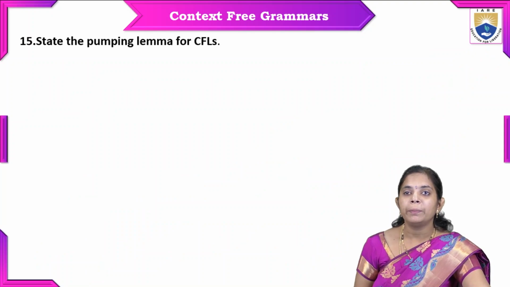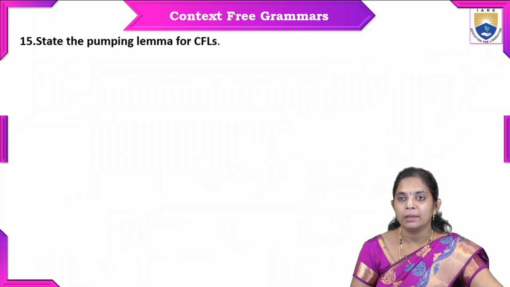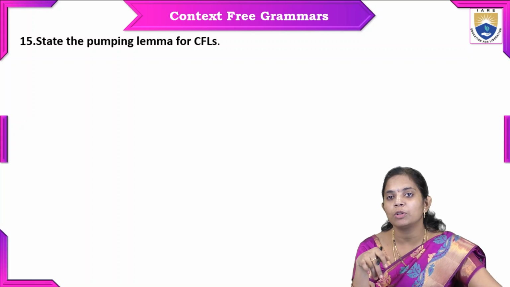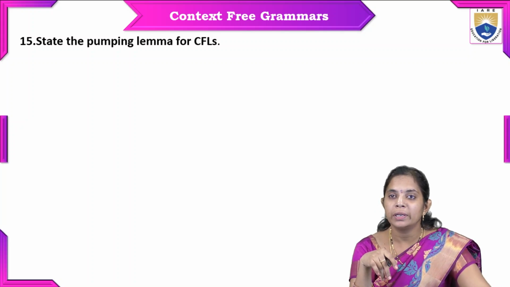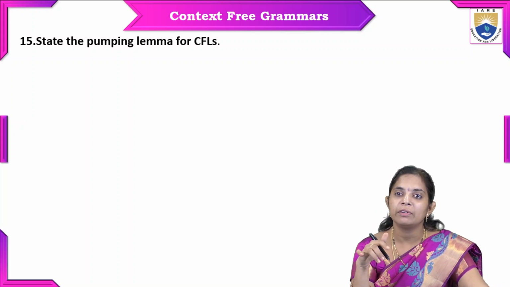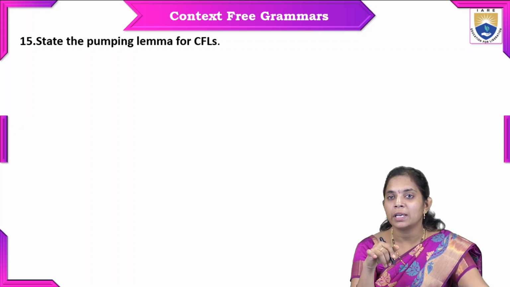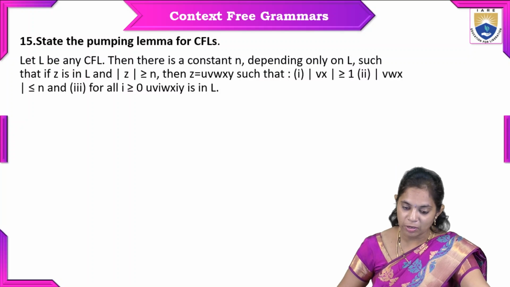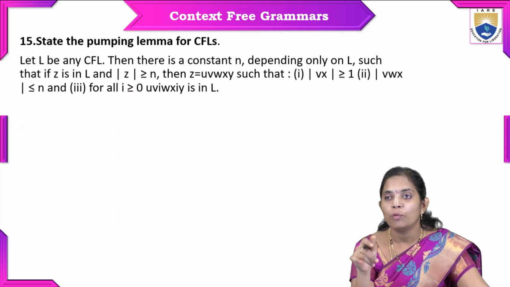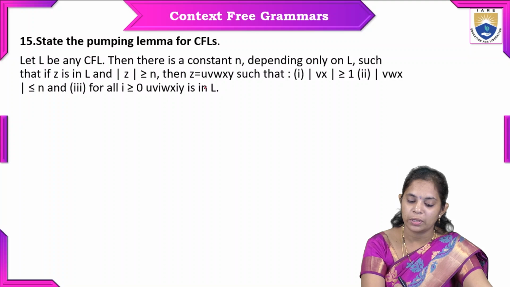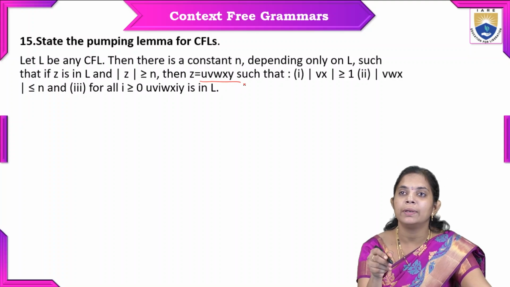And coming to the pumping lemma of the CFL. Previously, we discussed the pumping lemma of the regular languages. There we divided the string into three parts, and now we will divide the context-free language string into five parts. That is nothing but u, v, w, x, y.